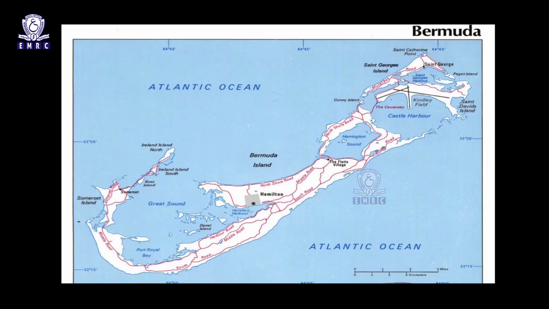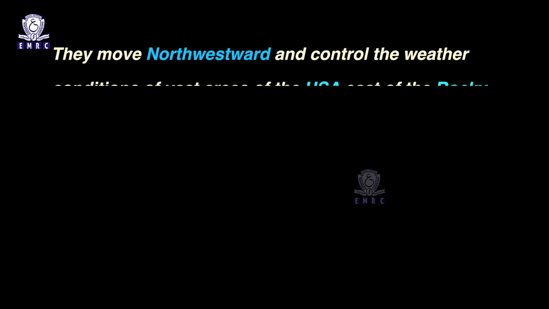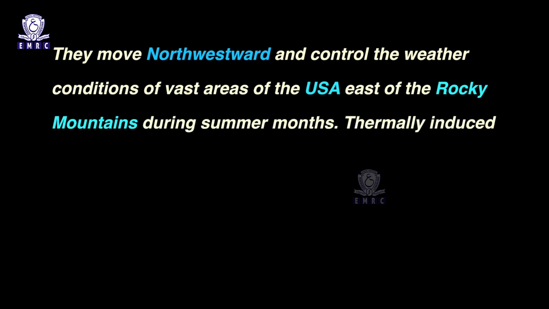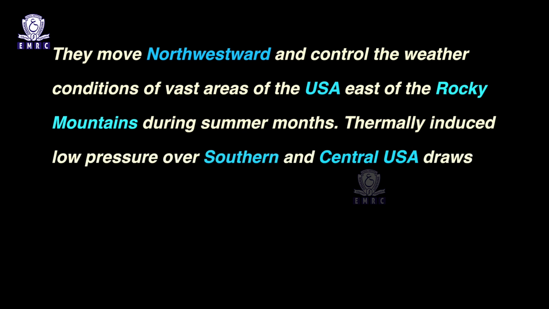Maritime tropical Atlantic air masses. These air masses originate near Bermuda, where high pressure is formed. They move northwestward and control the weather conditions of vast areas of the United States east of the Rocky Mountains during summer months.